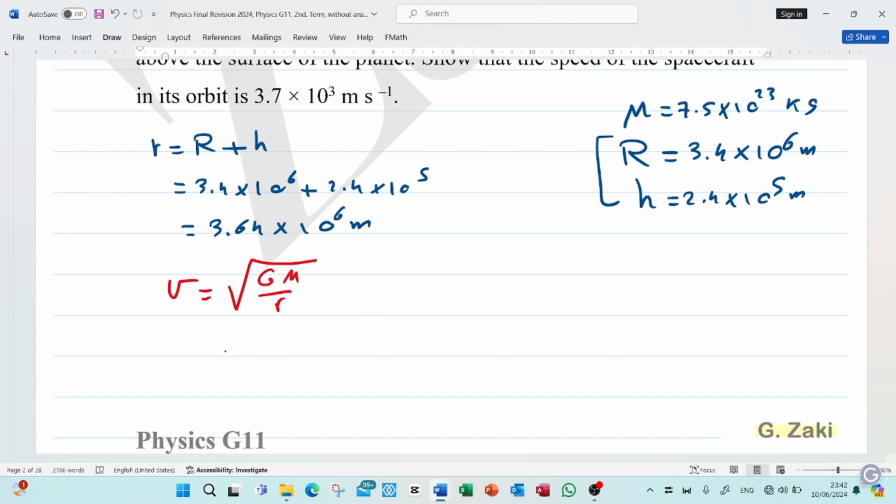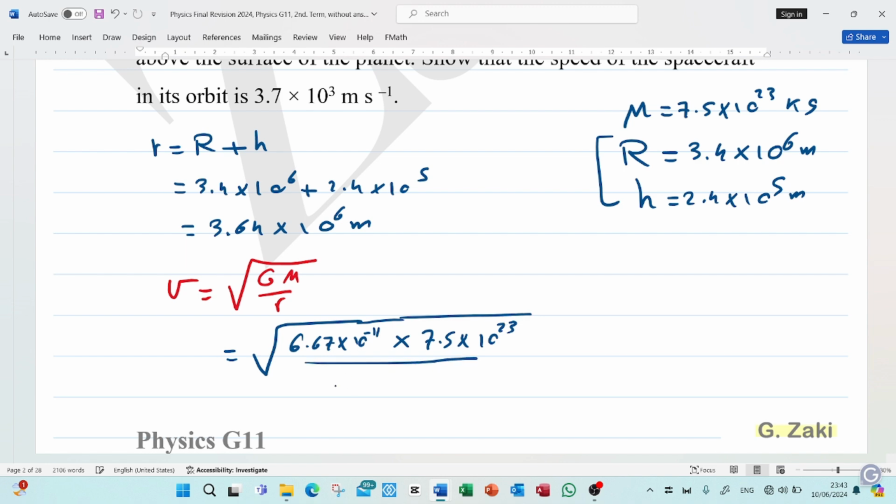Then the answer is square root of G equals 6.67 times 10 power negative 11 multiply M, the mass of the planet, 7.5 times 10 power 23 divided by r small that we calculated, which is 3.64 multiply 10 to the power 6. By using the calculator, you will get the same answer: 3.71 multiply 10 power 3 meter per second.